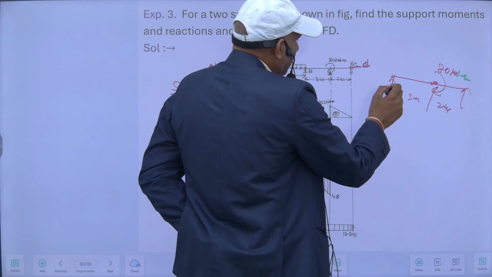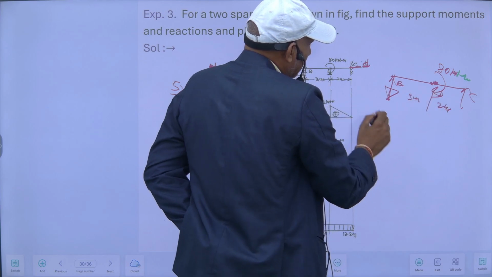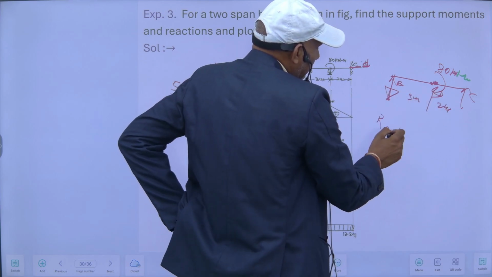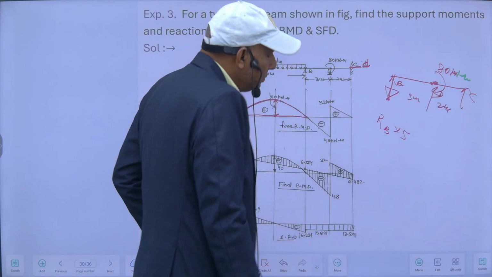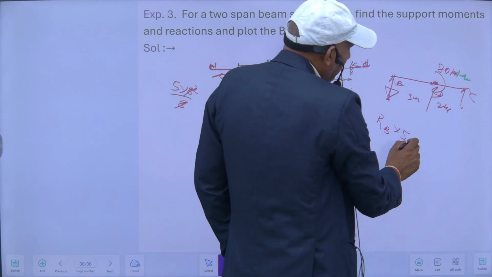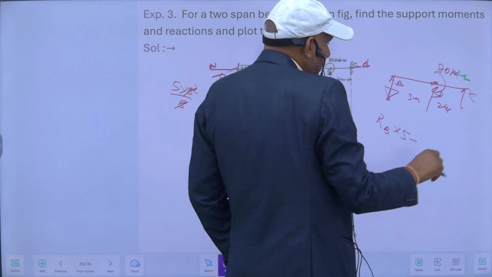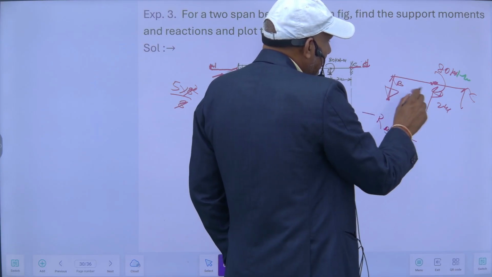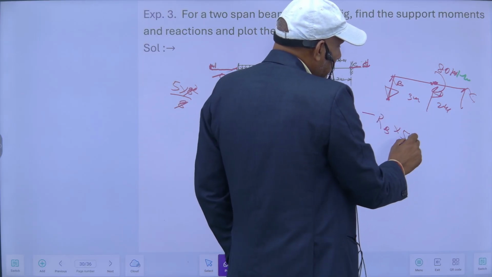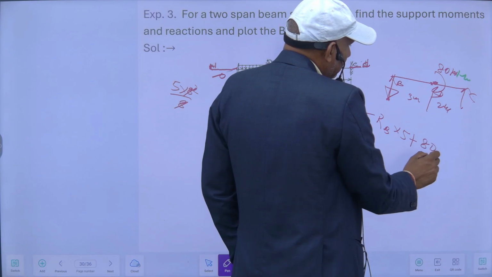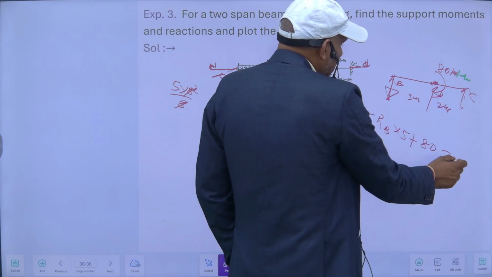Suppose this is B, this C and D. So RB into 5, this should be downward to counteract this effect, minus 80, hogging and sagging, and that should be equal to moment at this is 0.